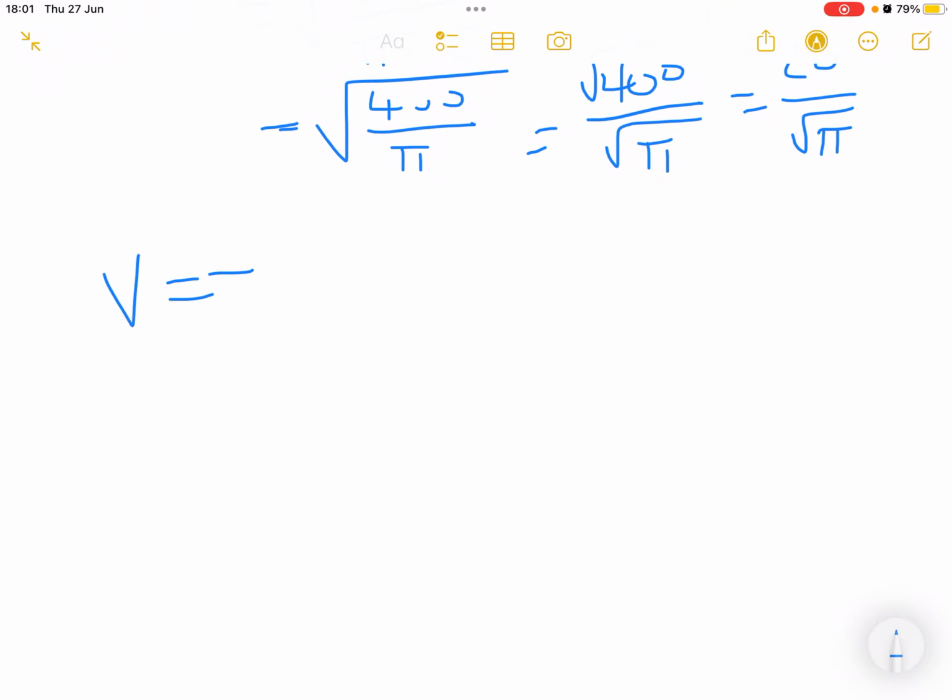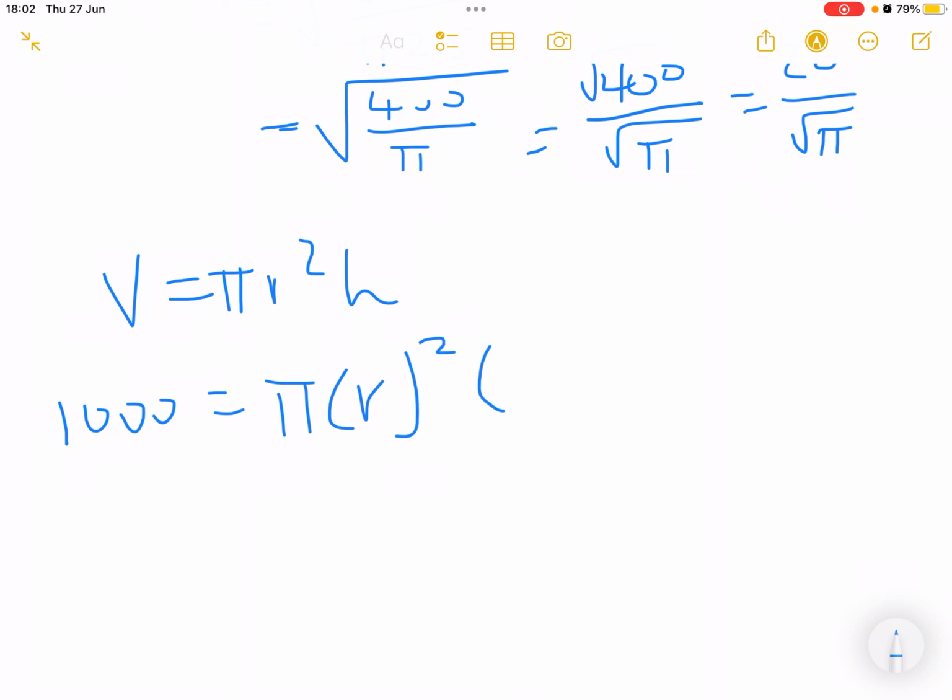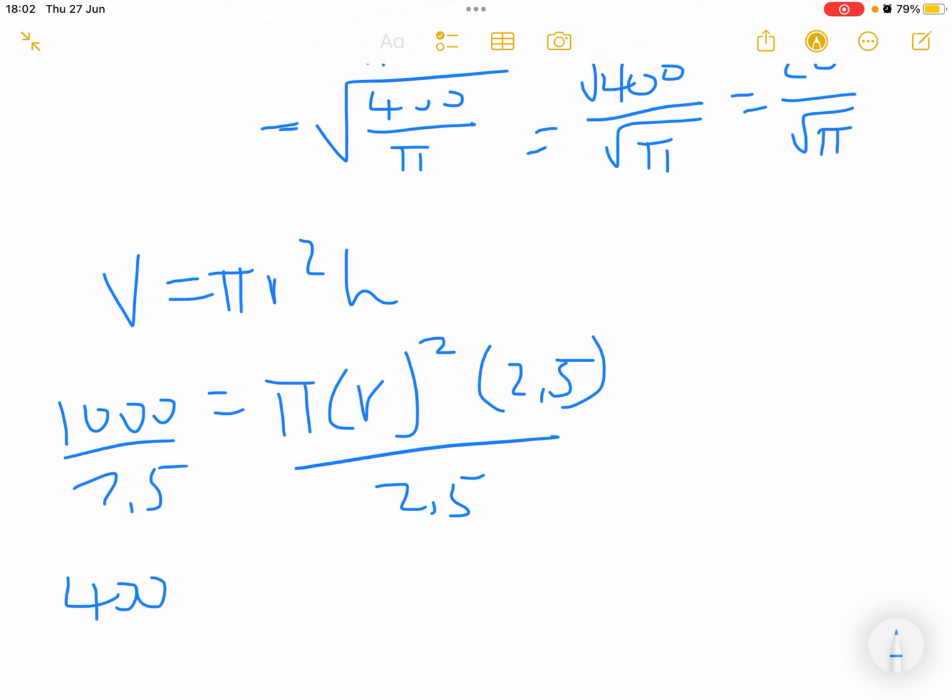Or you can simply do it from the original formula as well by saying v is equal to pi r squared h, and then you simply substitute 1,000 is equal to pi times r squared, multiplied by 2.5. Divide by 2.5, and then I get 400 is equal to pi r squared.